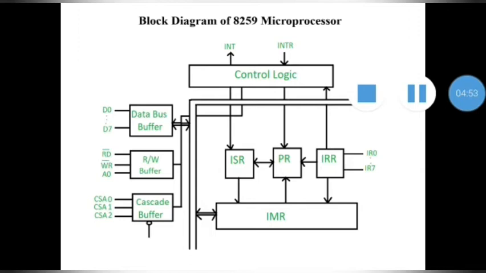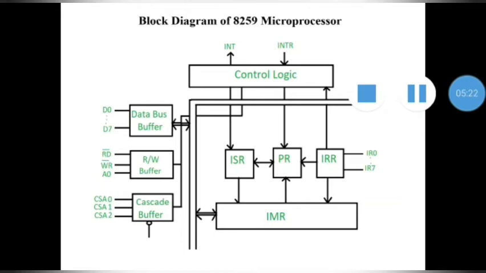Now the next block is the IMR, interrupt mask register. This register stores the bits required to mask the interrupt input. Okay, this block is used to store the bits which are required for masking the interrupt input.